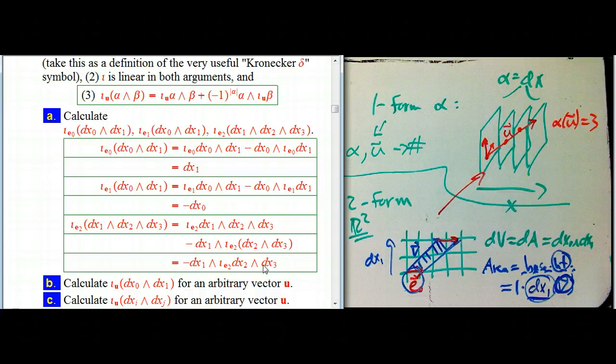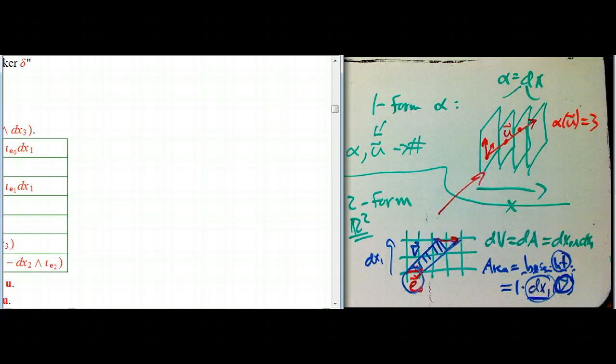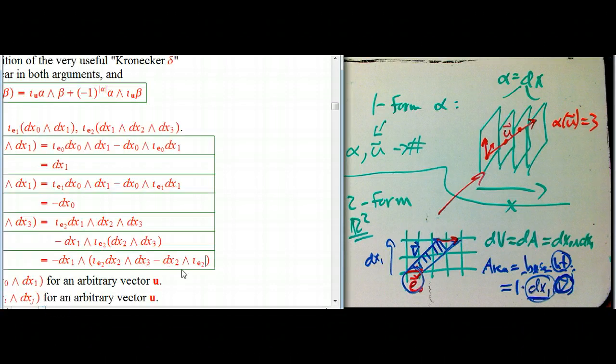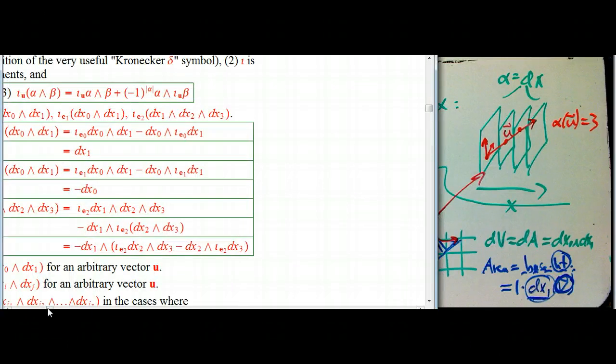And then minus, because I'm commuting the i e2 past the dx2, dx2 wedge i e2 of dx3. I'm trying to keep these both on the screen at the same time.